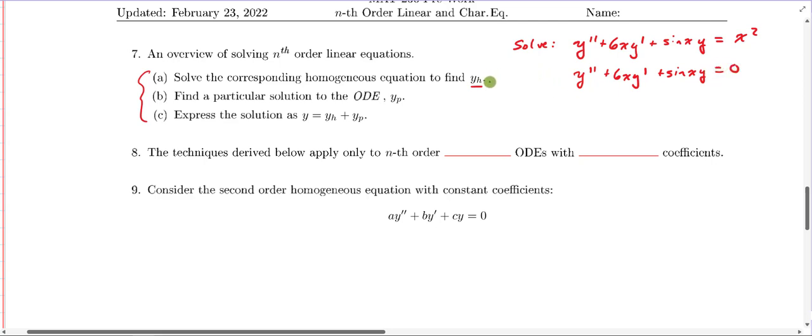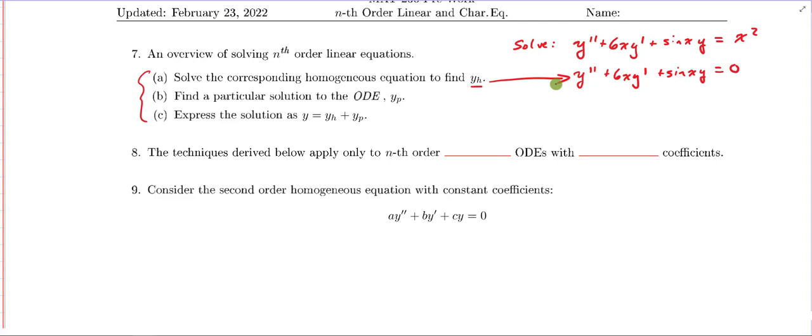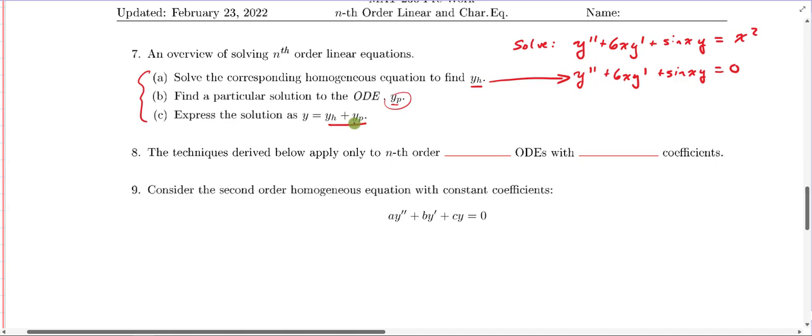This is the corresponding homogeneous equation, and we'd want to find the family of solutions to it. The next thing we're going to do is find one particular solution. That is, we find one solution that solves this ODE up here, and then we combine the two solutions together to give our general solution to the ODE.